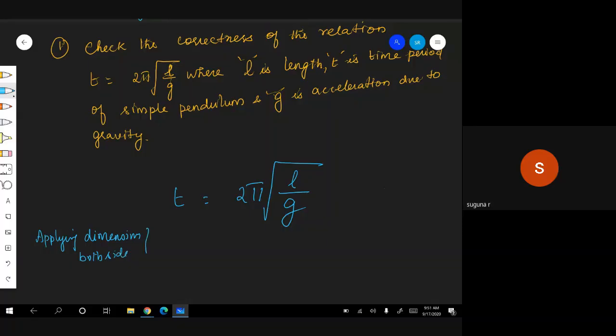What is the dimension of the LHS? T, therefore capital T.